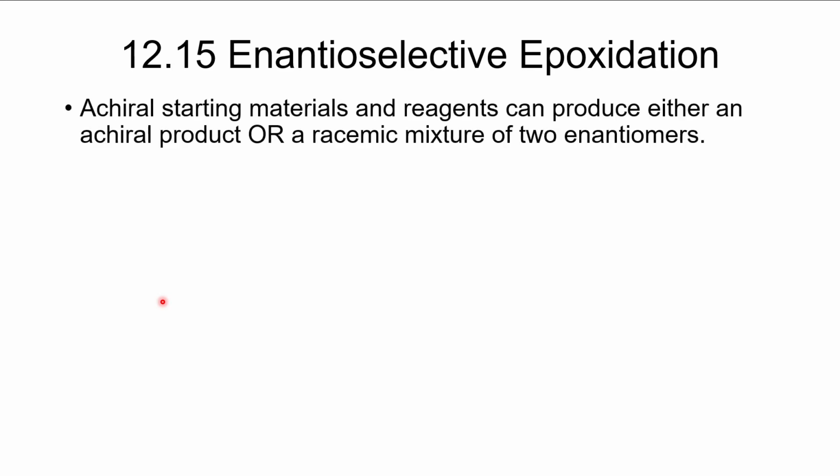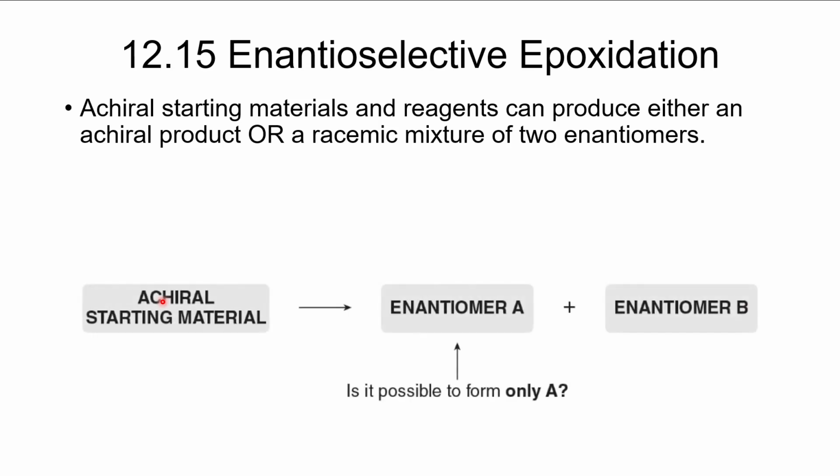All right, our last topic in Chapter 12 is looking at enantioselective epoxidation. To preface this, if you have an achiral starting material and achiral reagents, meaning they are not chiral, then you will either produce an achiral product or a racemic mixture of two enantiomers.